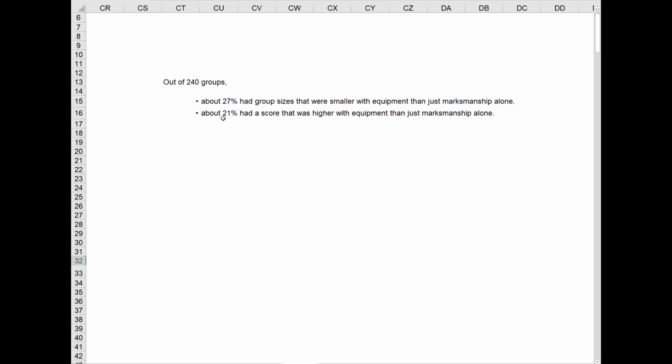Well, in 21% of the cases, the score was actually higher. So what this means is that you actually had a better score with that equipment that has variation to it. So your equipment actually got you a better score than what you held for. So that's one way to look at it: you shot better than what you really deserve to shoot based on your marksmanship skills.